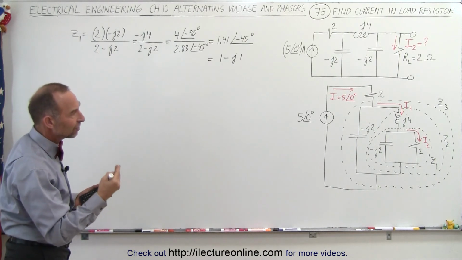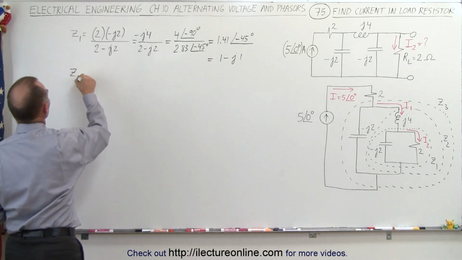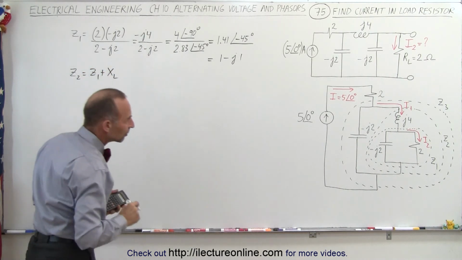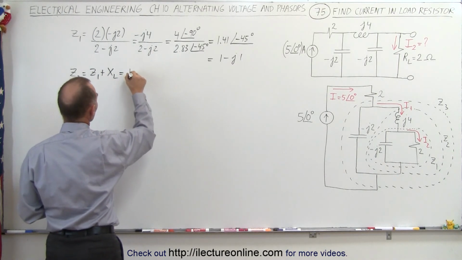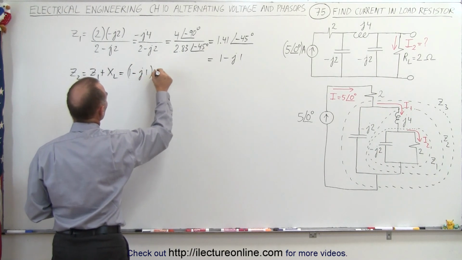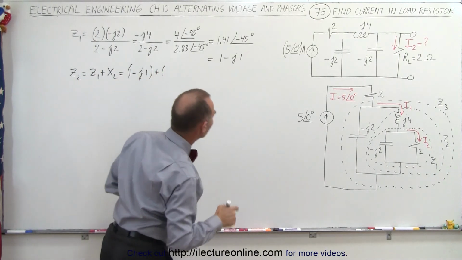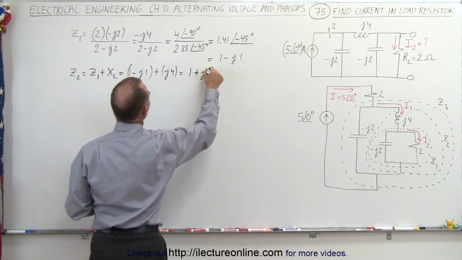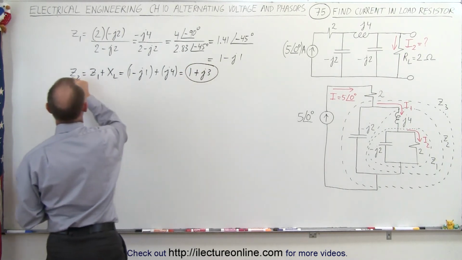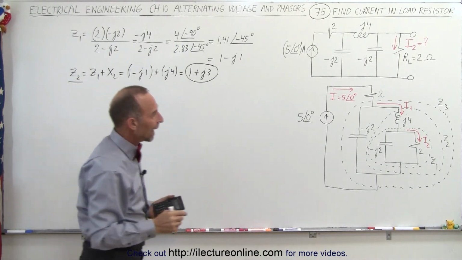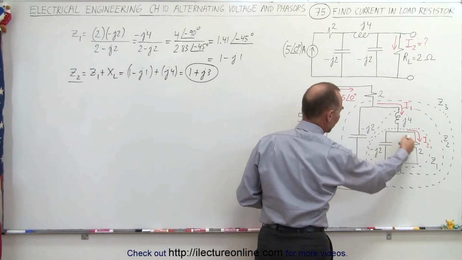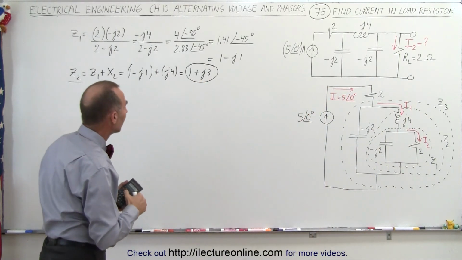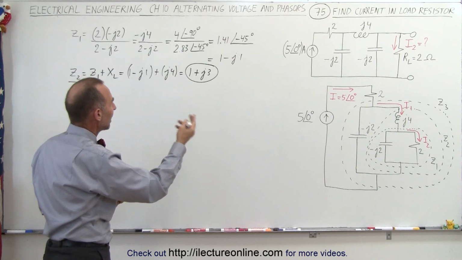So now we're ready to calculate Z2. Z2 is going to be equal to Z1 plus the inductive reactance of the inductor. It's going to be equal to 1 minus J1. Add that to X sub L, and X sub L is going to be a plus J4. So this is going to be equal to 1 plus J3. So this here is Z2, and since we're going to add that to this capacitor, which is in parallel, to find Z3, and there we're going to use the product over the sum rule, we better convert that back into magnitude and phase angle.